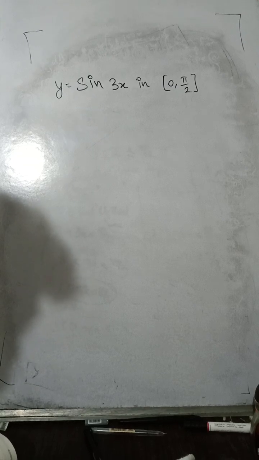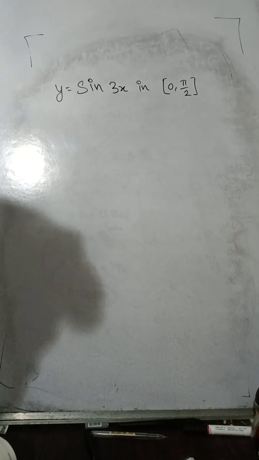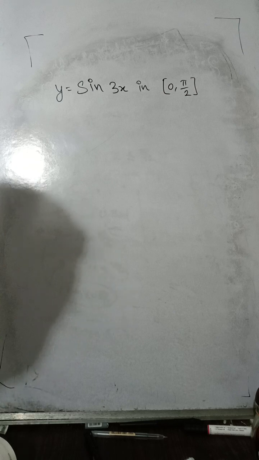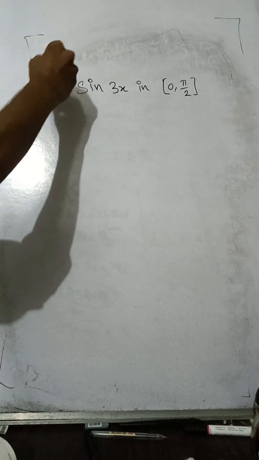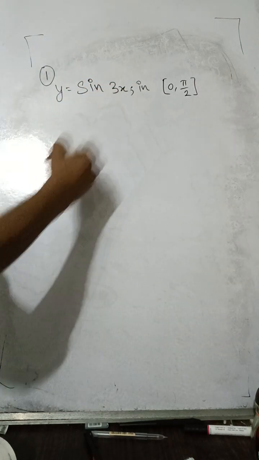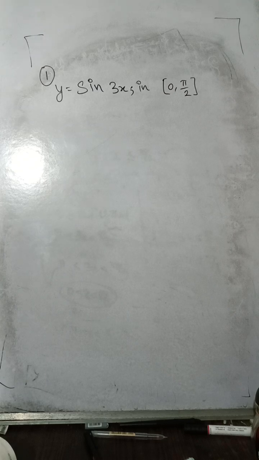Okay, so today we will look at a few more examples of increasing and decreasing functions. Starting off with this sum, where our function y is sine 3x, in the interval 0 to pi by 2.